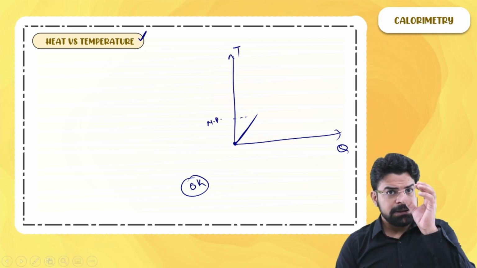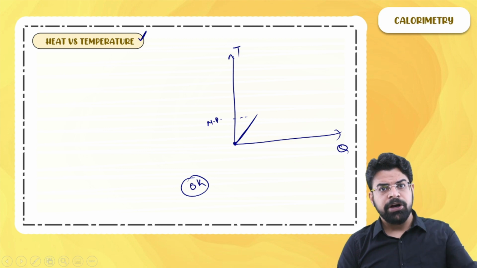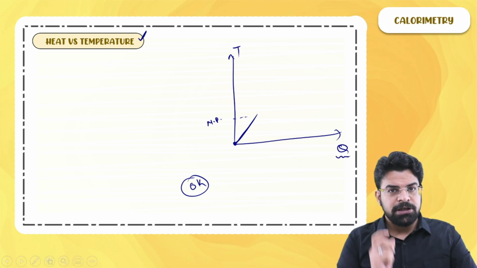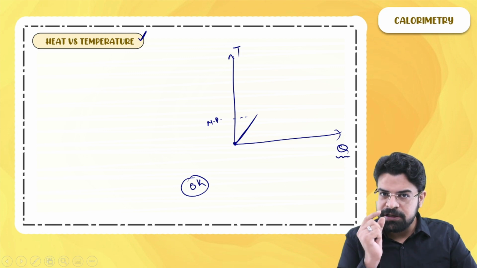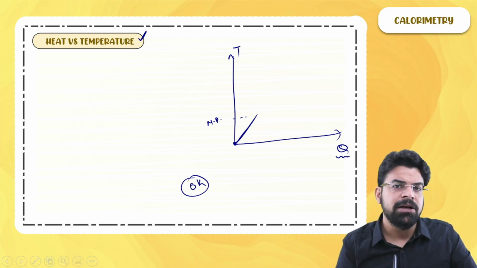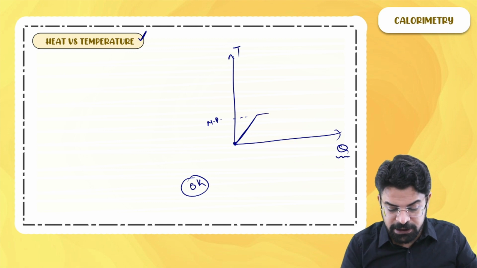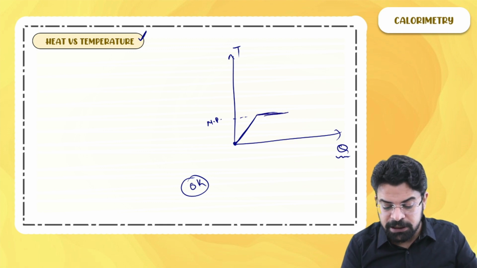Once the system has reached the melting point, then on further providing heat, what happens? Sir, once the system has reached the melting point, then on further providing heat, the temperature does not increase. The temperature remains constant till the time the entire mass has melted.